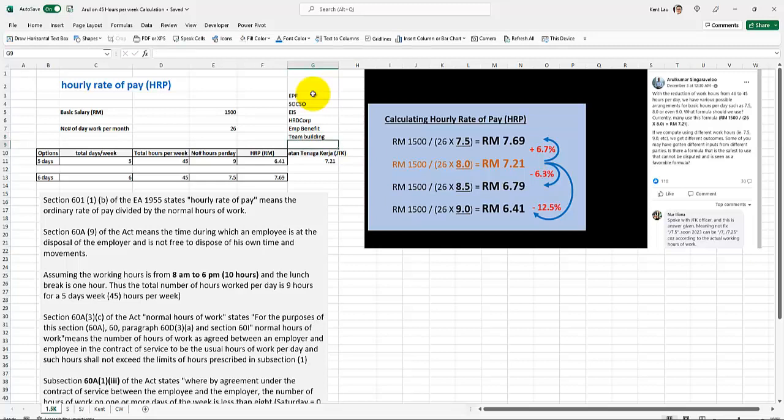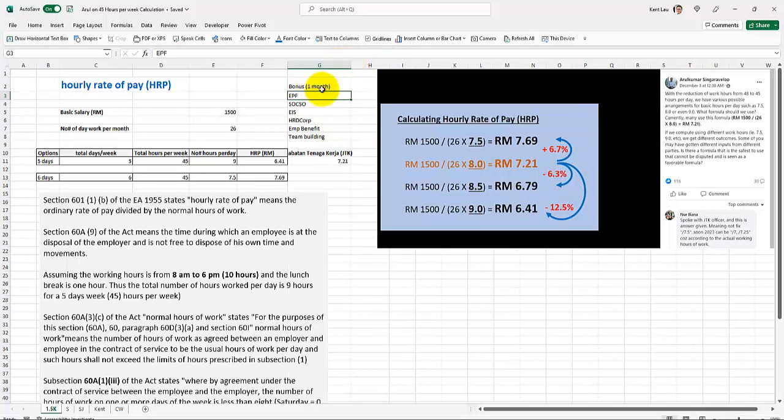All these are included. Maybe also bonuses, such as a 1-month bonus if you perform. Of course, you deserve it.